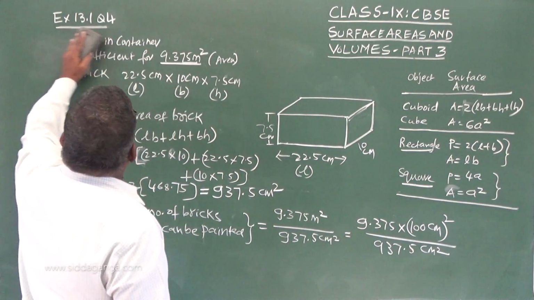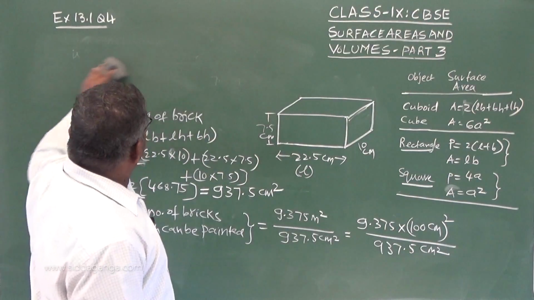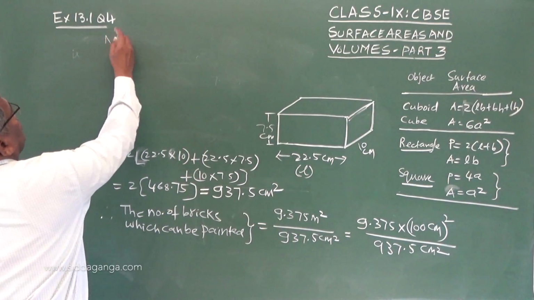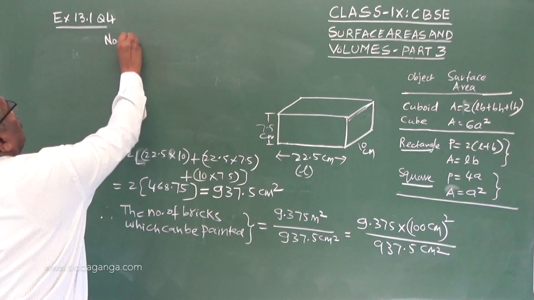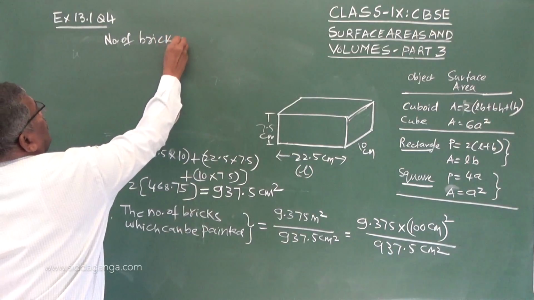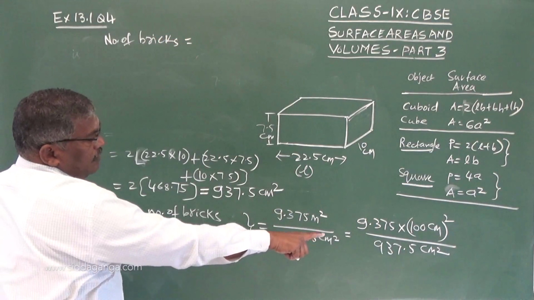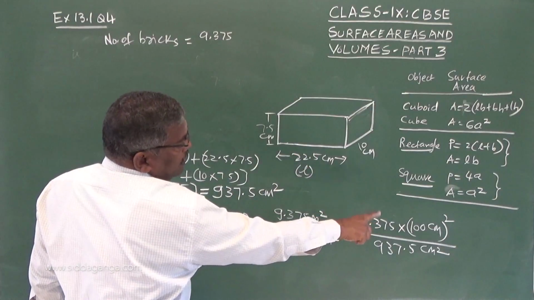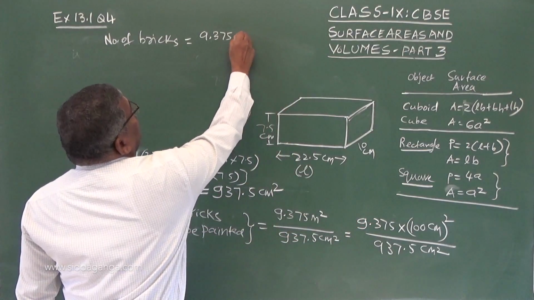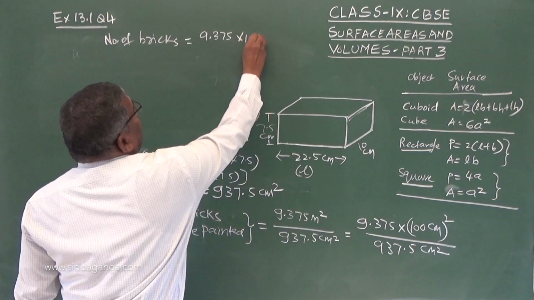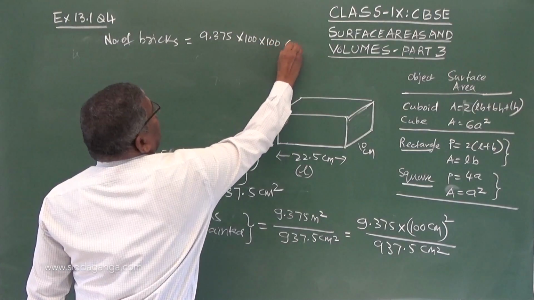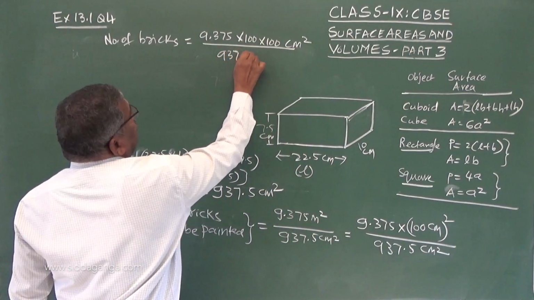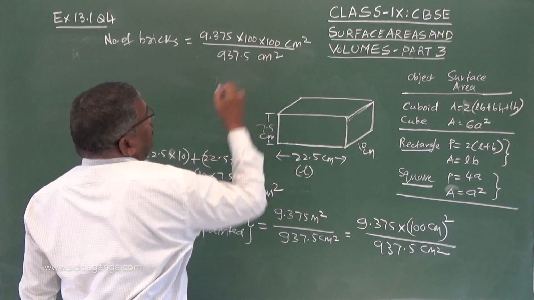So I will erase this and I will write here. Now we got the number of bricks which can be painted equals 9.375 into 100 square, that is 100 into 100 centimeter square, divided by 937.5 centimeter square.